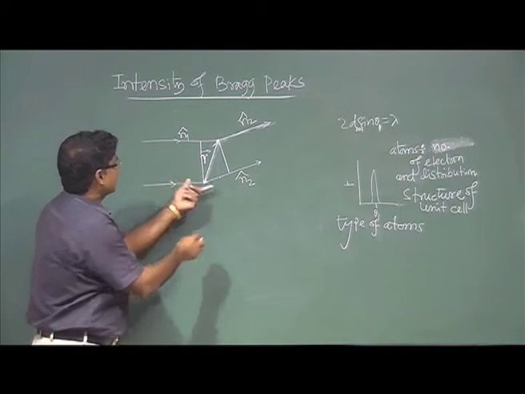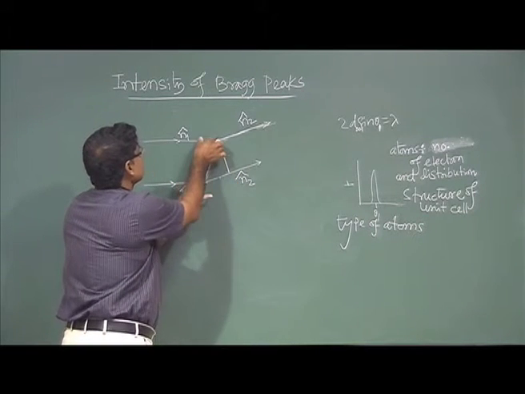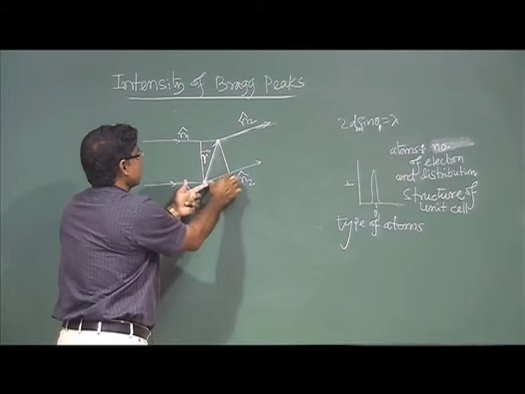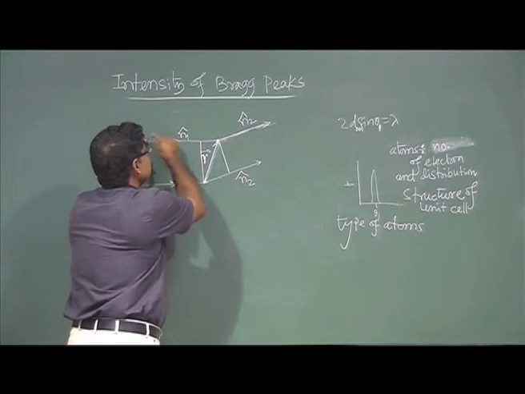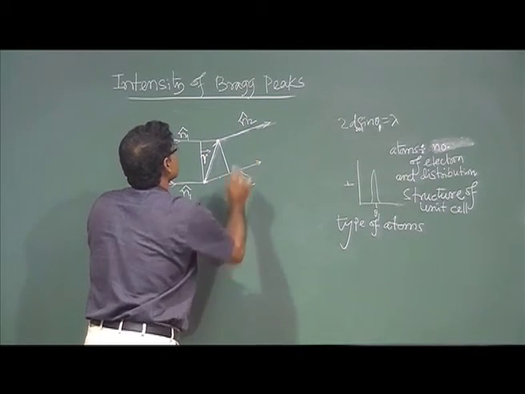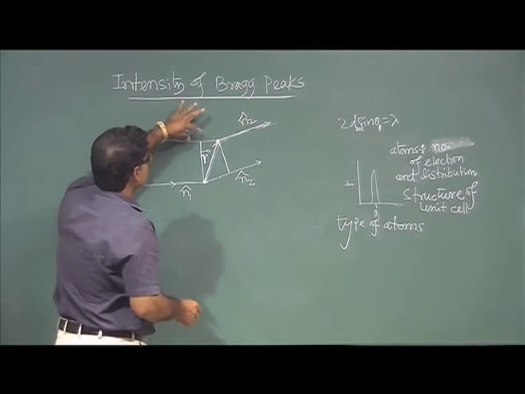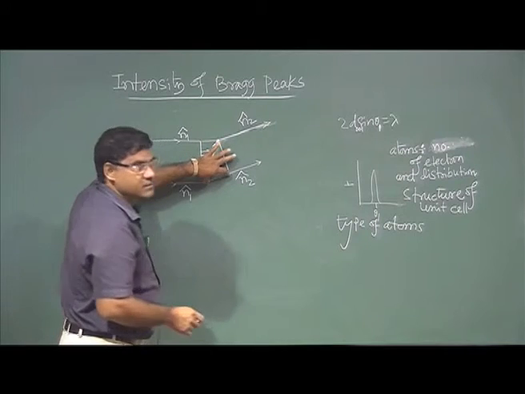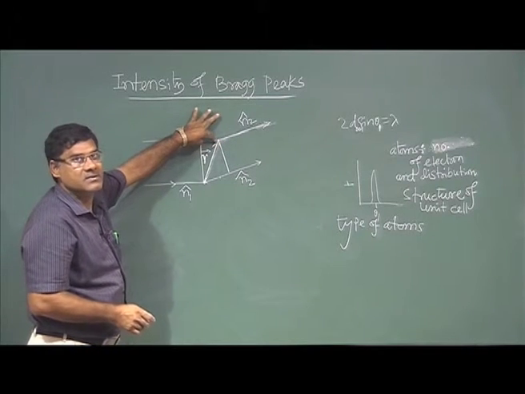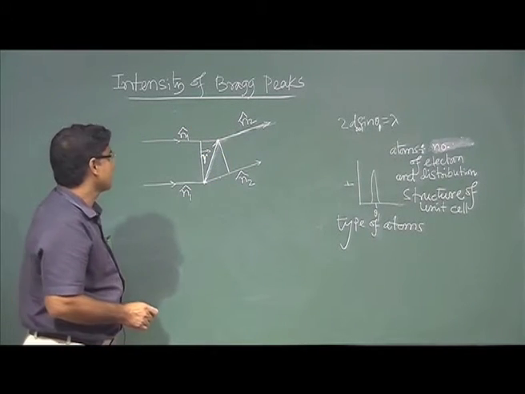So the path difference between these two rays, here this extra path and here extra path, will be this minus this or this minus this. That will be the net path difference.